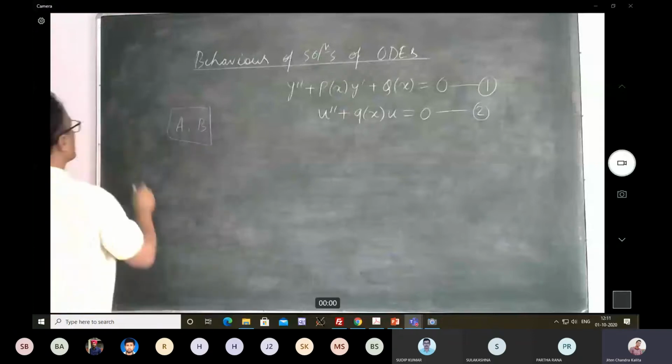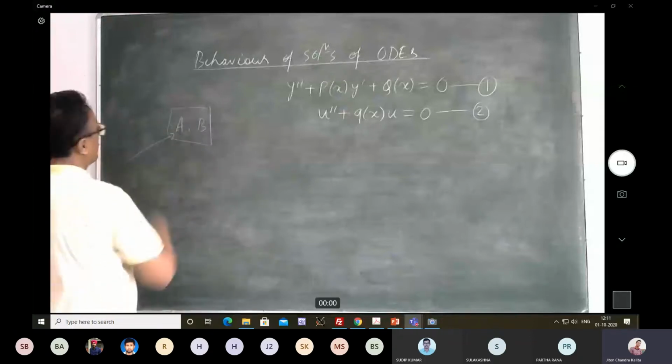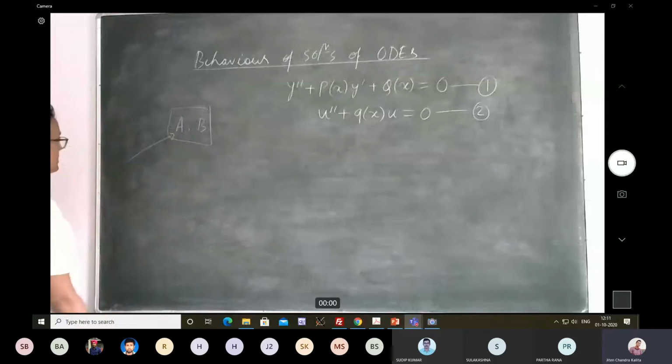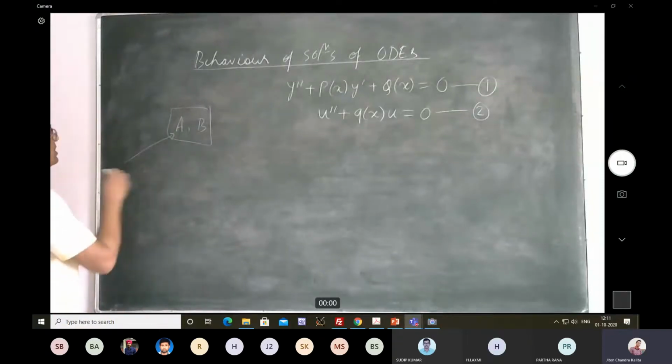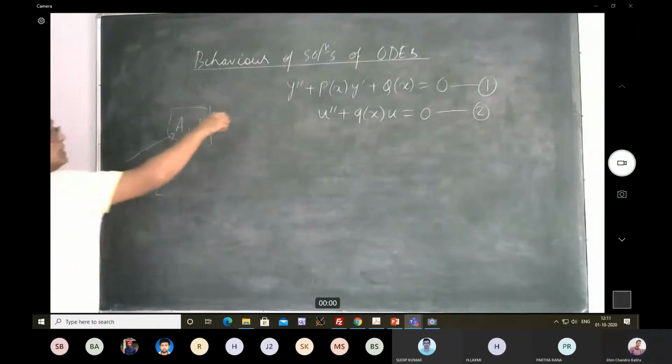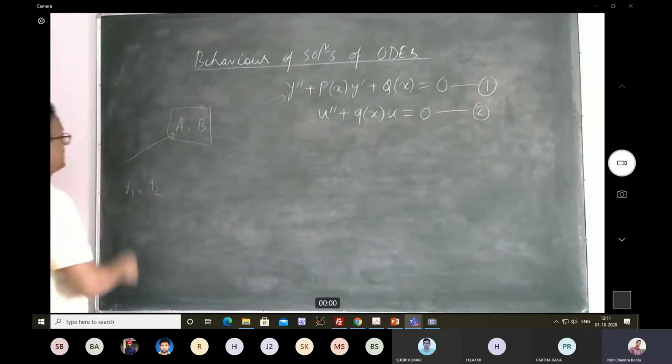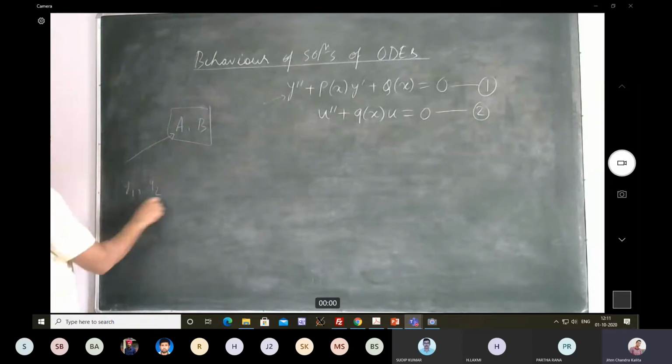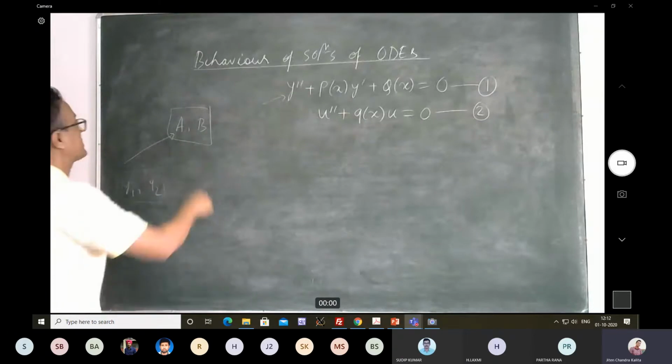So if you recall, theorem A was related to the occurrence of zeros of linearly independent solutions of this equation, and it said that the zeros occur alternately.